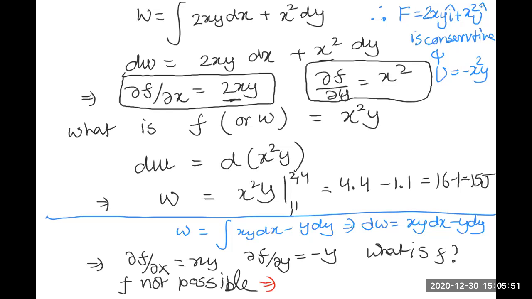Therefore, F is equal to xy i cap minus y j cap is non-conservative. And work is dependent on path. Okay, please take a screenshot.